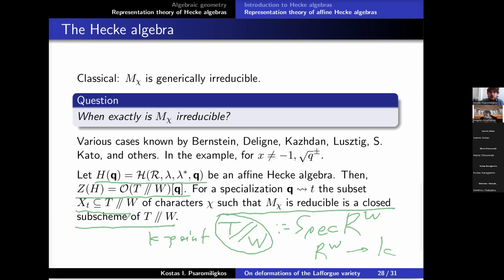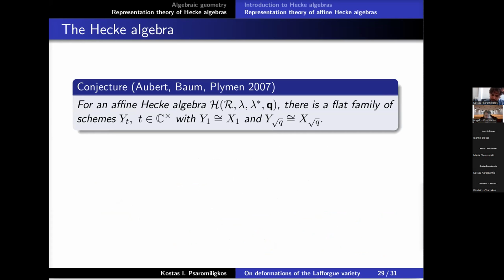And Aubert, Baum and Plymen made the following conjecture, that for an affine Hecke algebra, there is a flat family of schemes that essentially starts from x1 and also contains x square root of q. Why this particular one? Well, x1, as we saw, is some group algebra of a semi-direct product.